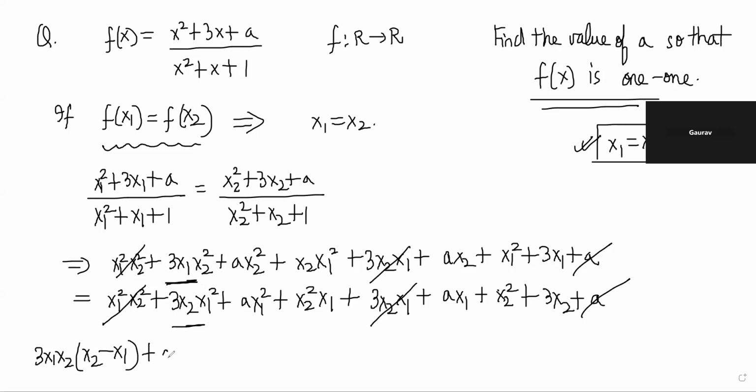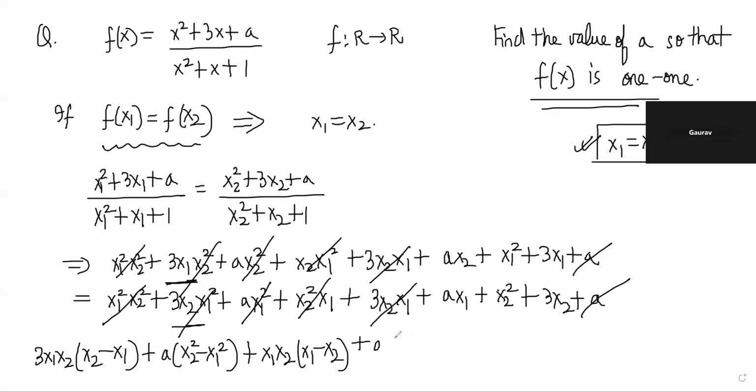Plus a times x2 square minus x1 square, plus x1 x2 times x1 minus x2, plus a times x2 minus x1, then plus x1 square minus x2 square plus 3 times x1 minus x2 equals 0, right?